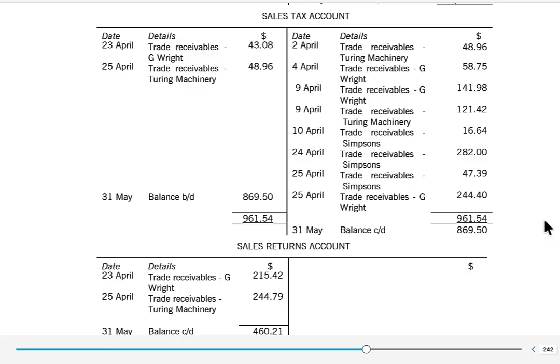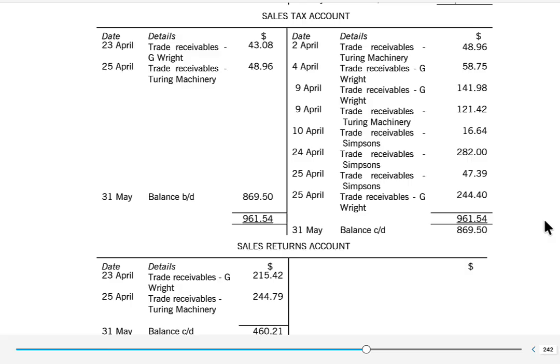3. The sales tax account. This one is very examinable. The sales tax account has credit entries for sales tax charged on invoices, total 961.54. Debit entries for sales tax reduced on returns, total 92.04. So the net balance is 961.54 minus 92.04 equals 869.50.